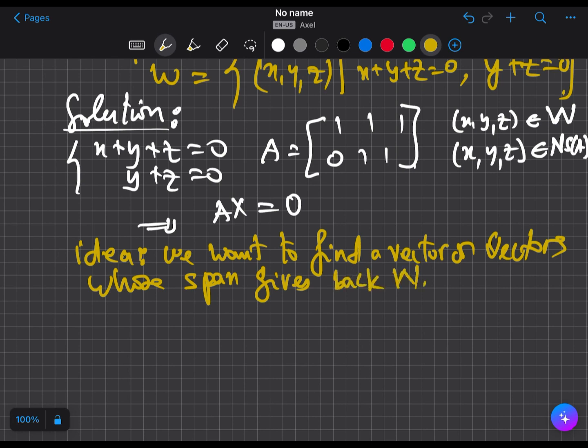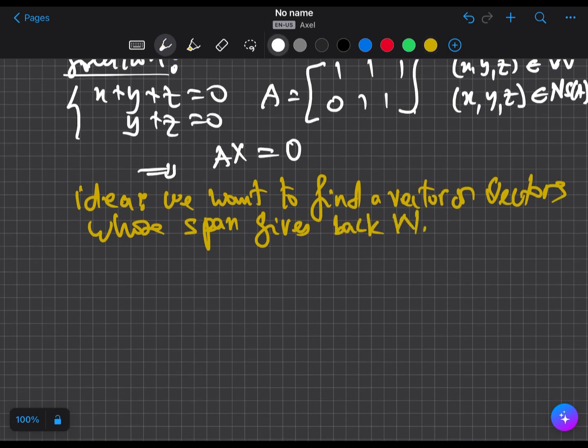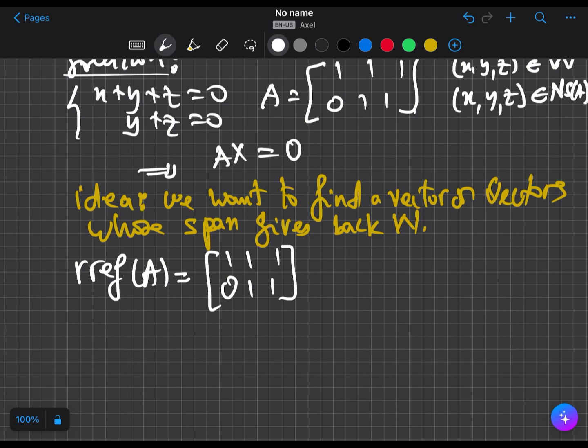At this point, we have to find the reduced row echelon form of A, which is [1 1 1; 0 1 1]. All I have to do is R1 equals R1 minus R2, and this leads me to [1 0 0; 0 1 1].